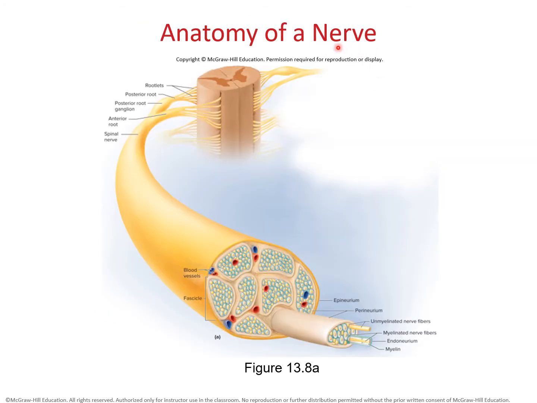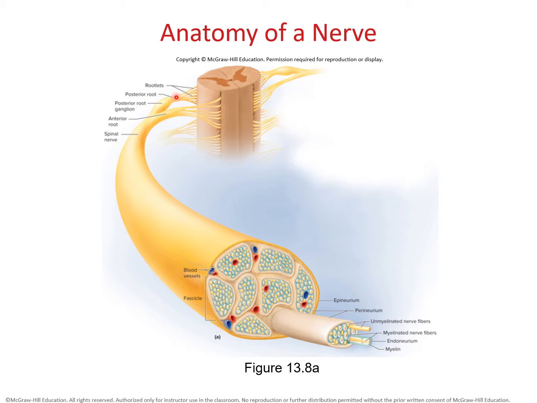Let's talk about the anatomy of a nerve. Remember, a nerve is the same as a tract, except a nerve is in the peripheral nervous system, a tract is in the central nervous system. Some of these things we've seen already. These are the rootlets. We have the posterior root ganglion here. It's also called the dorsal root ganglion.